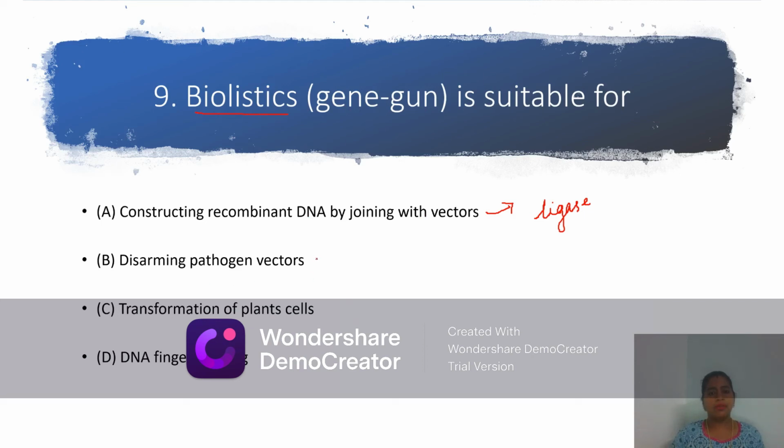Disarming pathogen vectors, that is the Ti plasmid. It will be directly infecting. You do not want to use the gene gun. Next one, transformation of plant cells. Of course, this is the correct option.